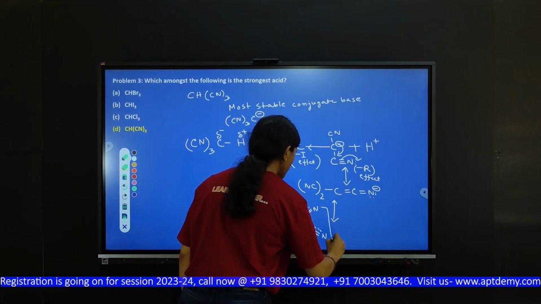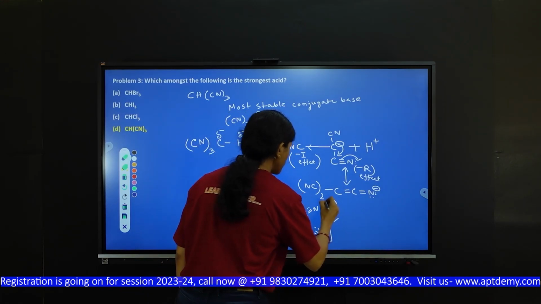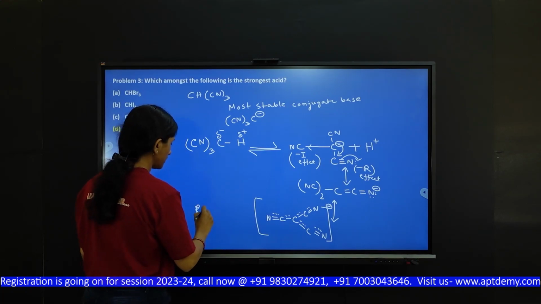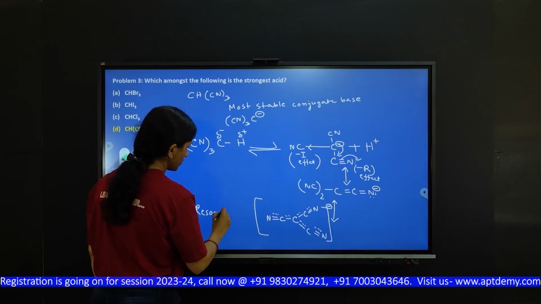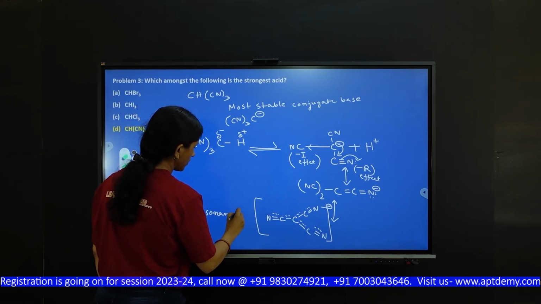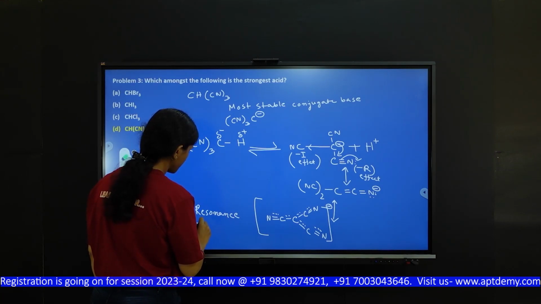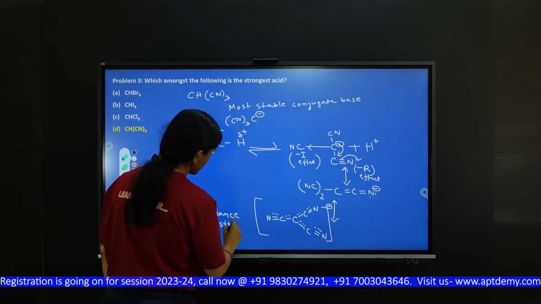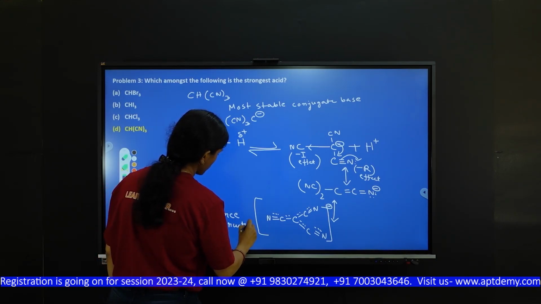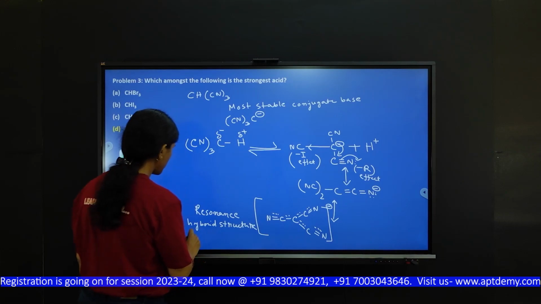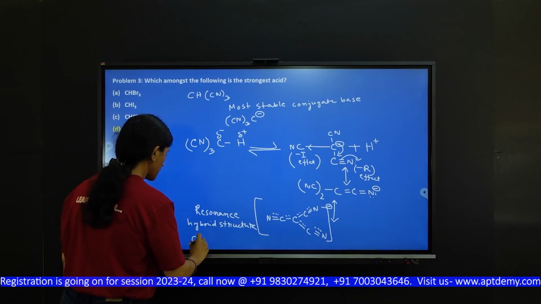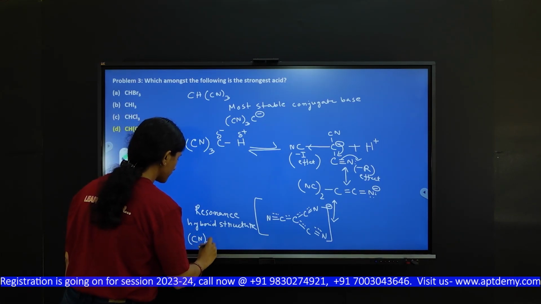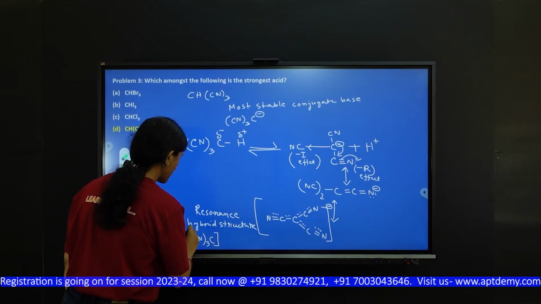This is the resonance hybrid structure of the conjugate base C(CN)3 minus.